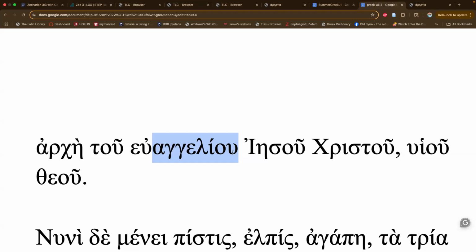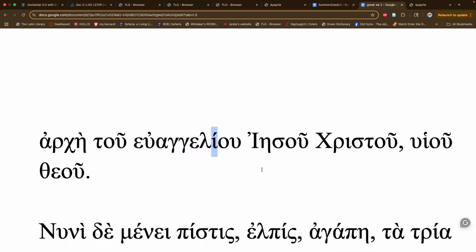Do we want to try to pronounce this one by ourselves? Don't skip over the I there. Yep, so evangeliu. It's the eu sound, which is also something you'll see a lot, because eu is attached to a lot of words to just mean good.